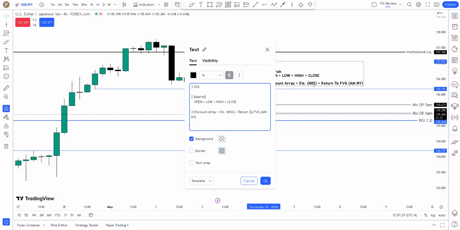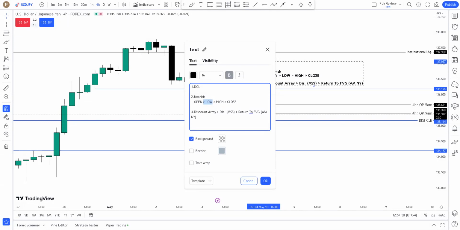So we have an open. Let me just take this away and to right here. I think that would do. Give it a moment. We need to be having what? An open, high, low, close scenario, right?